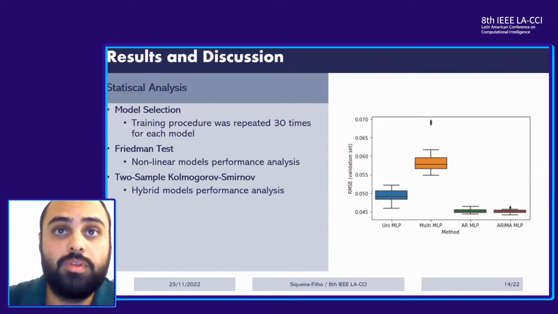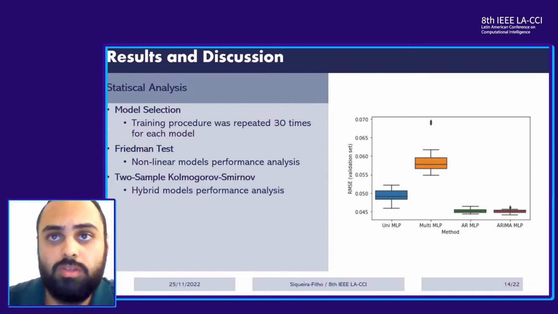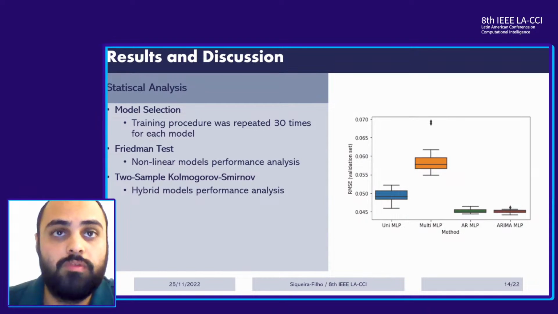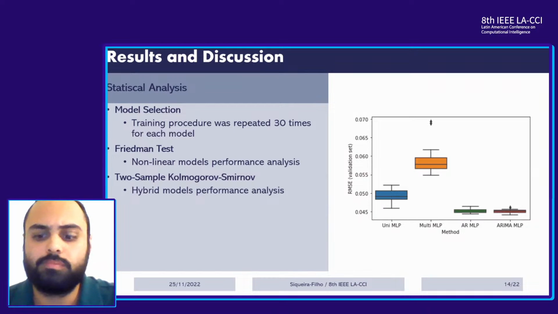But the two hybrid approaches were very similar to each other. So first, we used Friedman tests to verify if the models behaved differently or if their response was statistically the same, which confirmed that they were different. And two sample Kolmogorov-Smirnov tests confirmed that the hybrid models are equal.